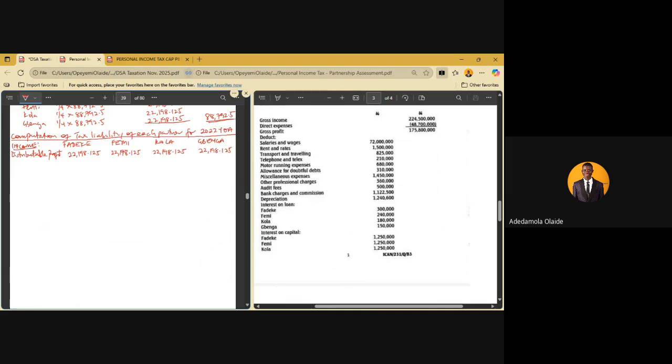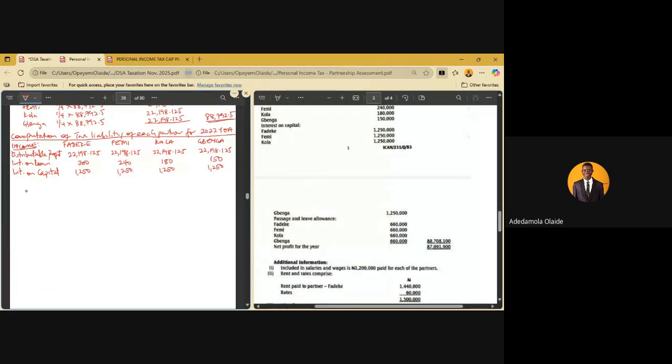Then we take other income. We have what? Interest on loan. You have passage and leave allowance.